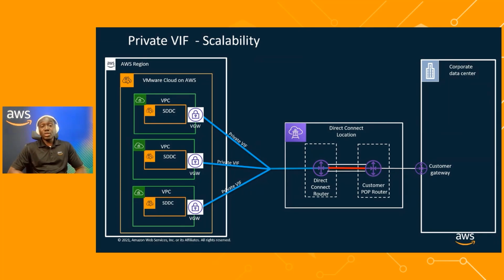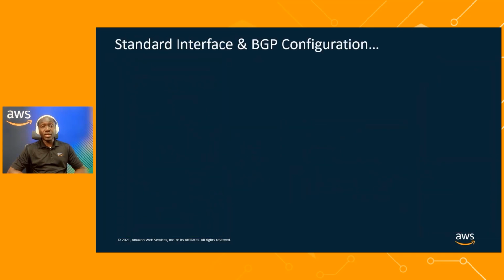So how do we actually configure this? I mentioned that we do this between your on-premises device and the VGW, or the virtual private gateway. I'm going to show you a sample configuration from a Cisco device. The device commands and interfaces might look very different if you're using a Juniper or a Palo Alto device, among other things, but the principle is essentially the same.